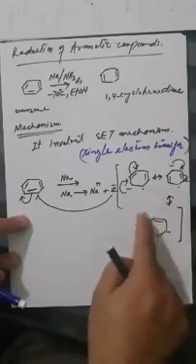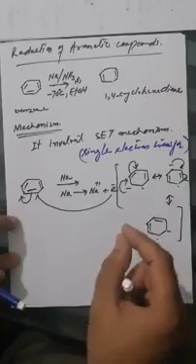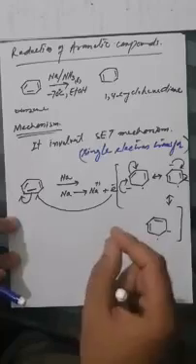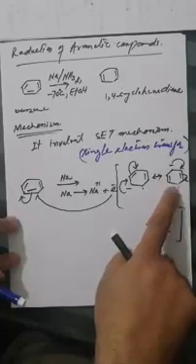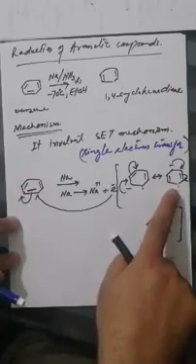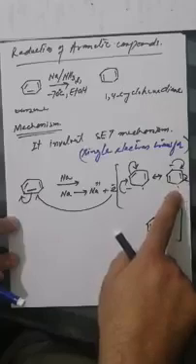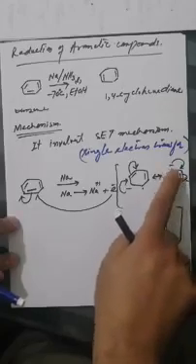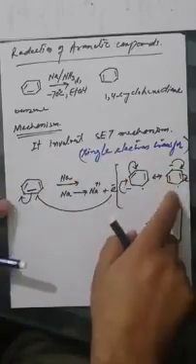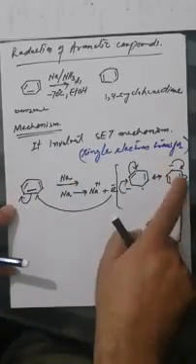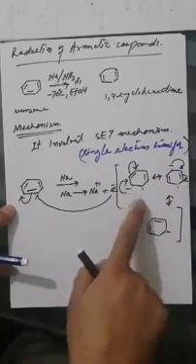Among these three resonating structures, which is more stable? You will see that this resonance structure, this canonical form, where this is the electron and this is the pair of electrons, they are fully separated from each other, while here or here they are closer to each other.